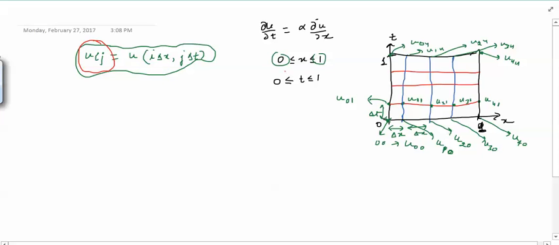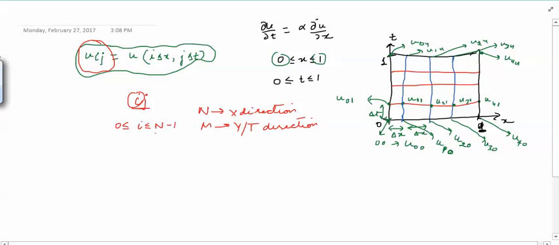If you have taken n grid points in the x direction and m grid points in the t direction, then the i subscript will vary from 0 to n minus 1, and the j subscript will vary from 0 to m minus 1. Sometimes people start from subscript 1, in which case i will vary from 1 to n, and j will vary from 1 to m.